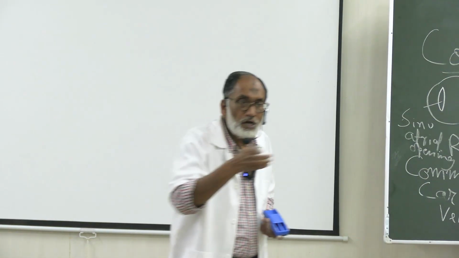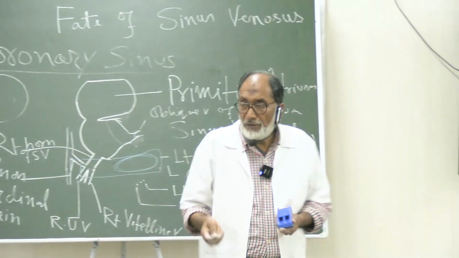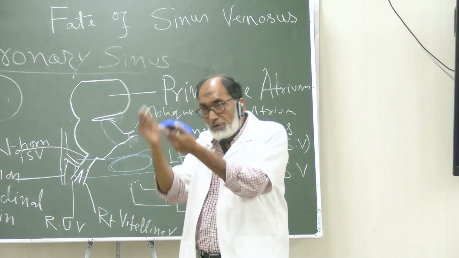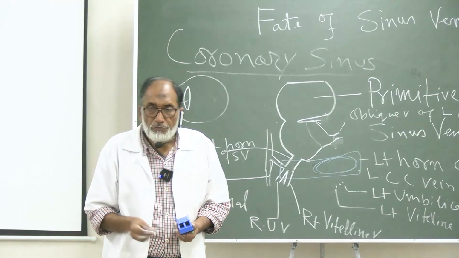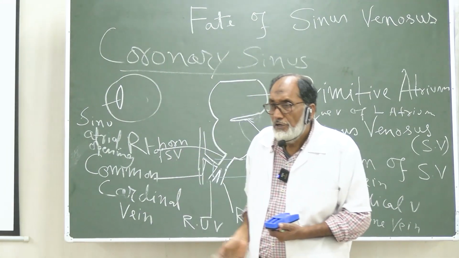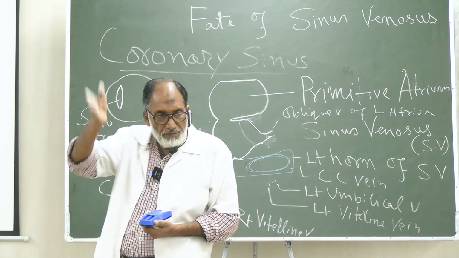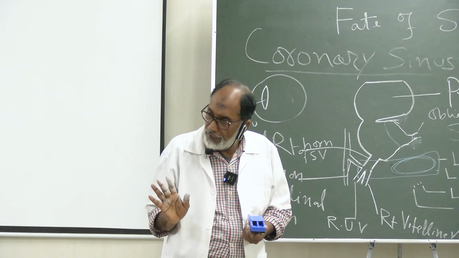When I discuss the septation of the atrium, you will find the main atrial cavity will be separated, as I have already discussed, from three sources: septum primum, septum secundum and septum intermedium. Right?